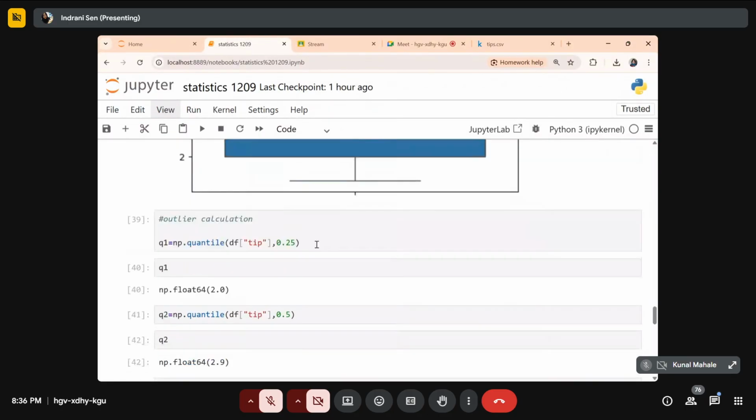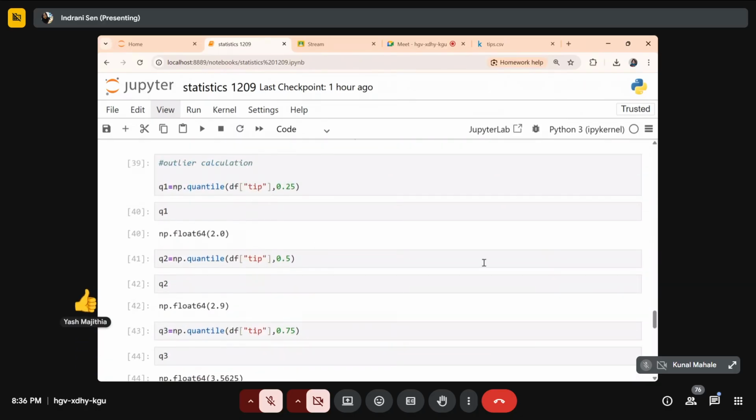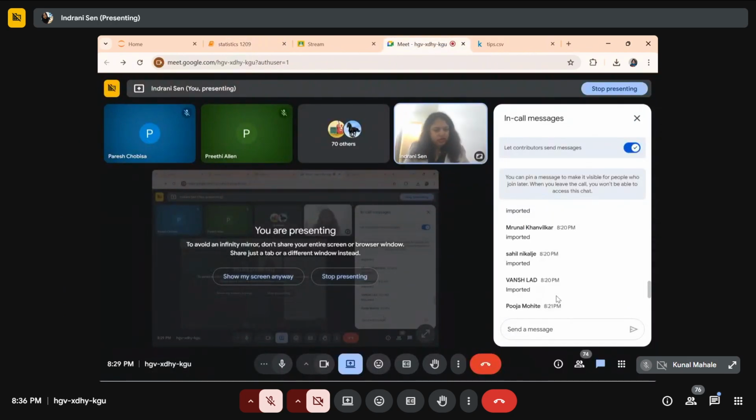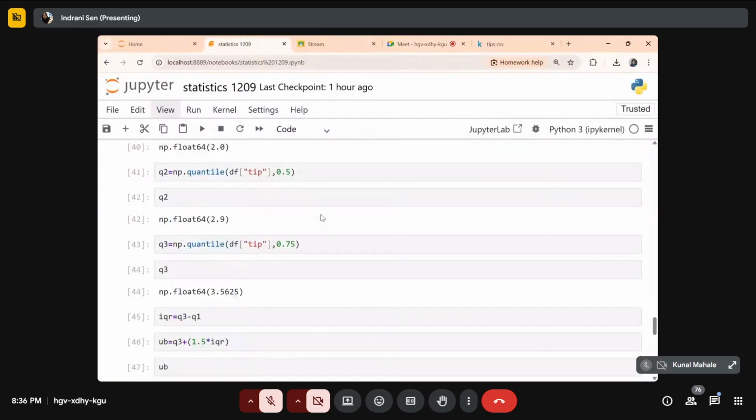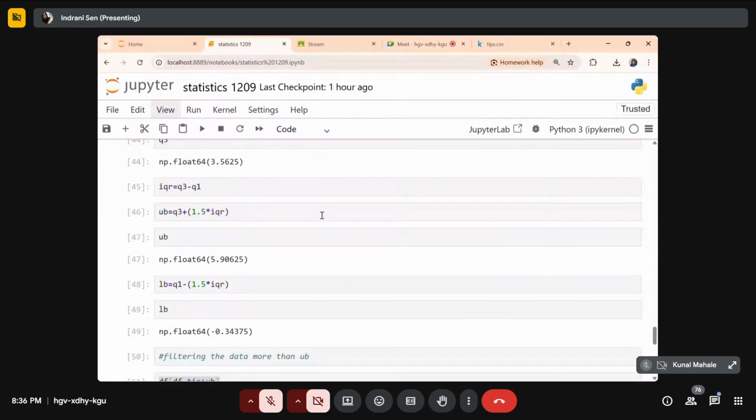Okay, do this calculation. Once the calculation is done, just write outlier calculation done.